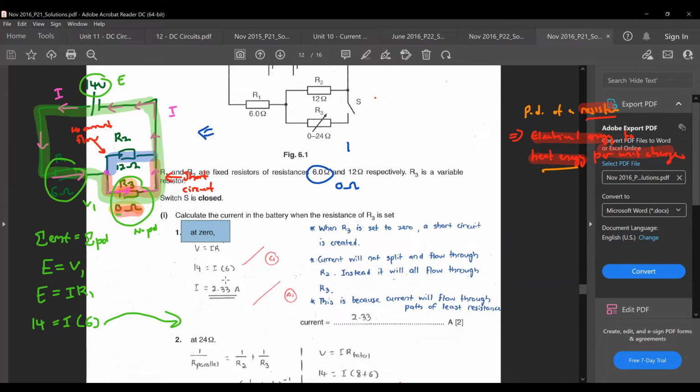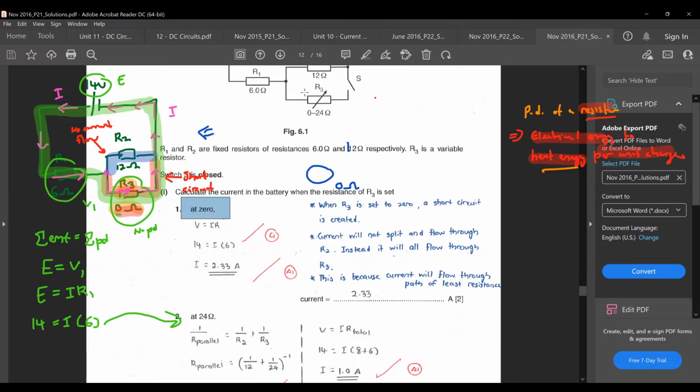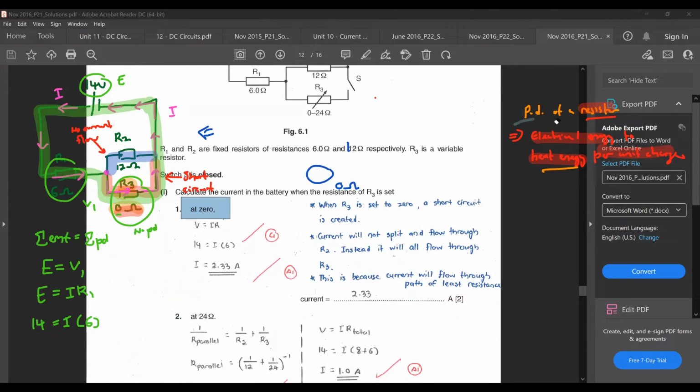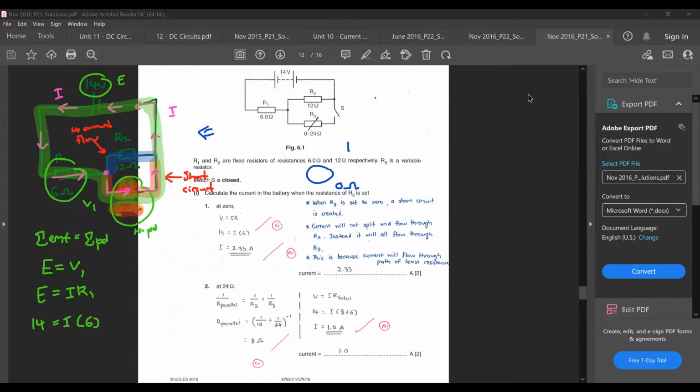All right, so now you have already done part 1. What about the next part, where they suddenly tell you R3 is set such that the resistance is going to be 24 ohms? Okay, so now you set your resistance at 24 ohms. The equivalent circuit will now look like this.